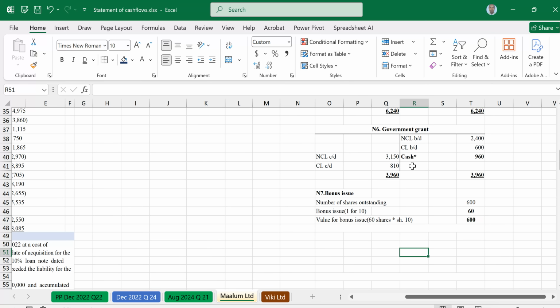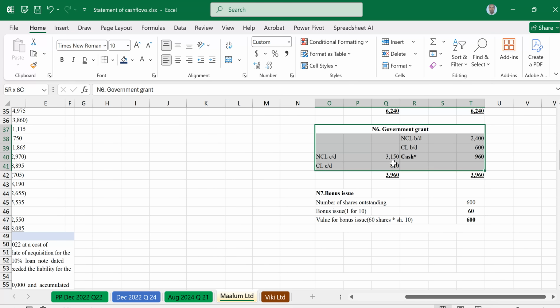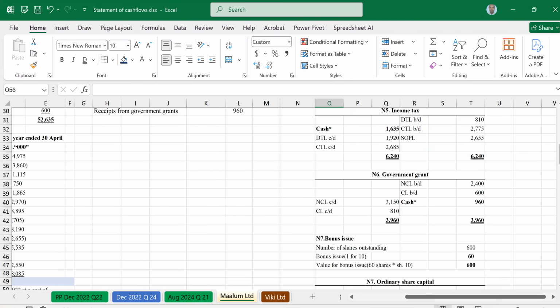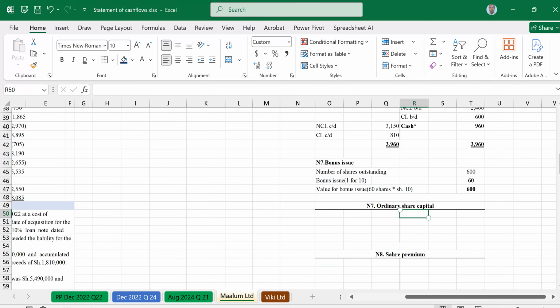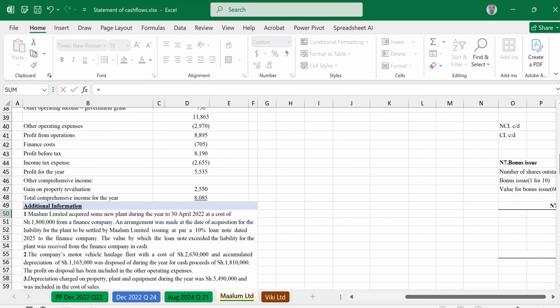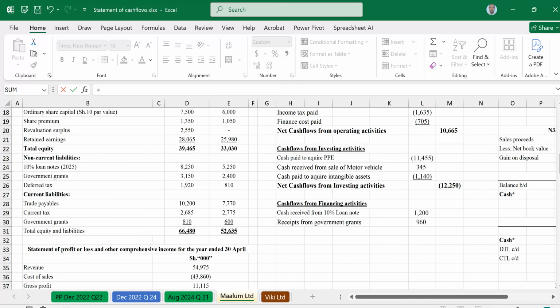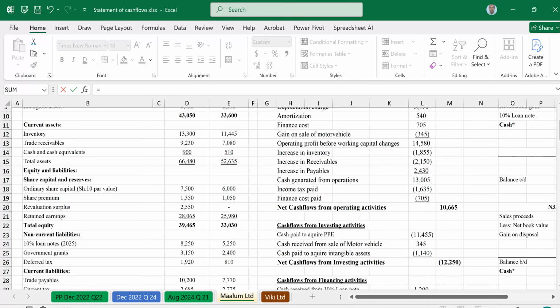Now from 600, we draw the ordinary share capital account. So we now move to the ordinary share capital account, where we have a balance brought down of ordinary share capital of 6,000.